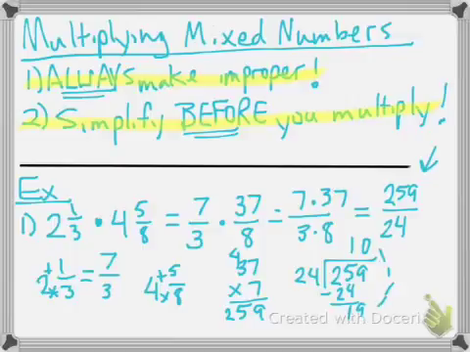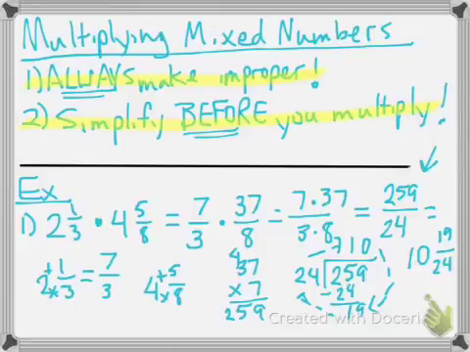I know some people have done this clockwise idea in their past math classes, and that's what they've done. Now, it looks something like this if we clean it up. 10 is our whole number. 10 and 19 is our remainder over 24. Okay? Now, if you or I were a bit shaky and we wondered, hey, did we do that correctly? Is there a way we could check it?